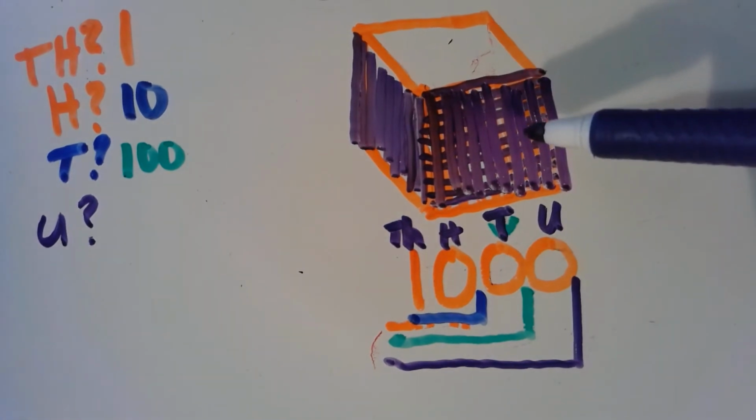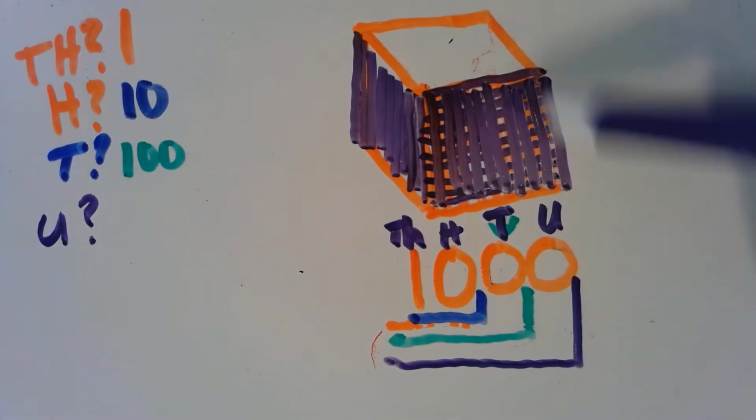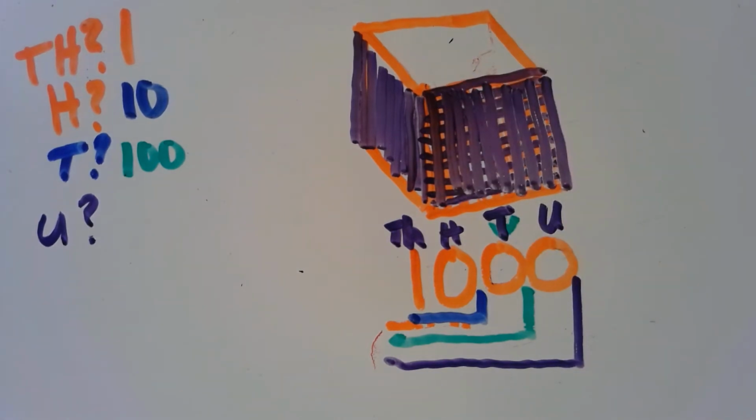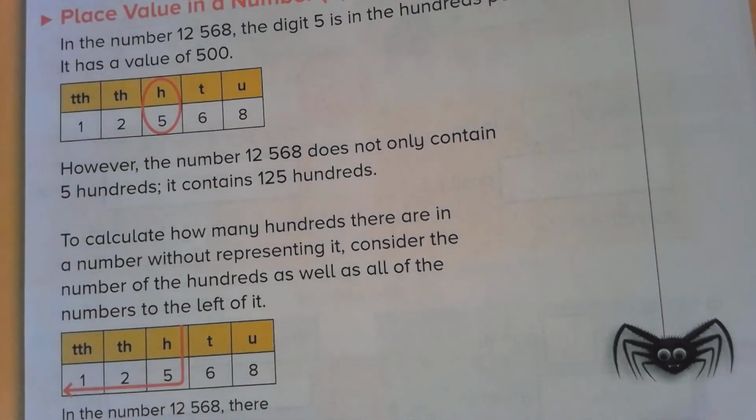That's a lot. There would be 1,000 unit little tiny cubes in this. Okay, so with all my beautiful colors and with my beautiful cube, I hope I've helped and not made this worse. Let's look at your book.